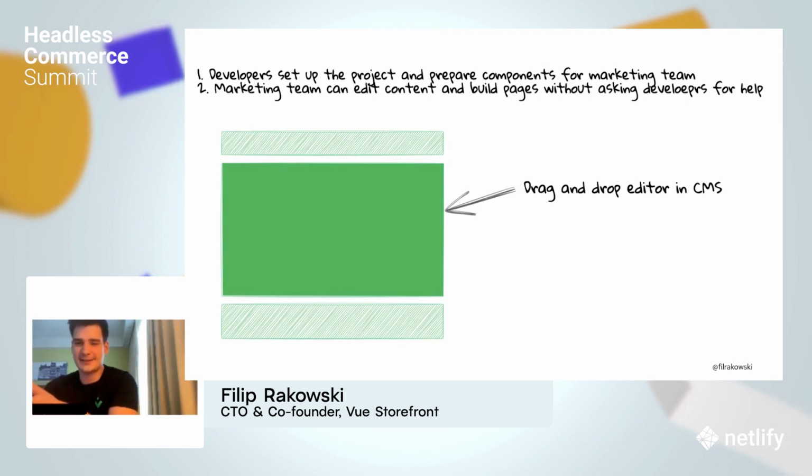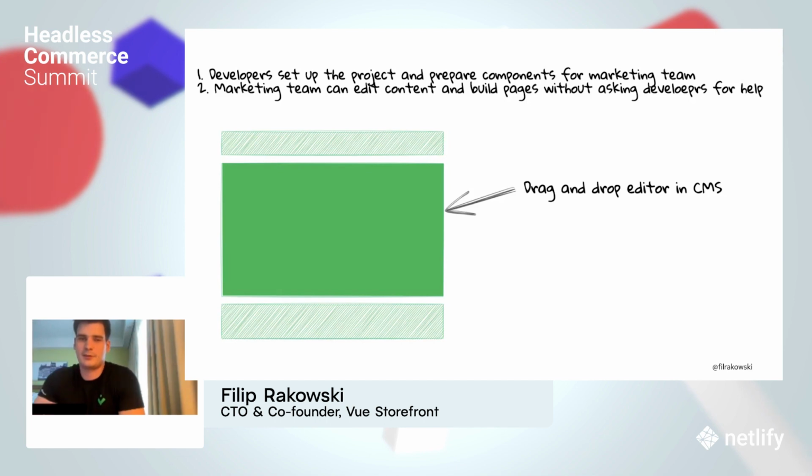So then the marketers can use those components in a visual editor and compose full pages, change the content, add new content. And all of this is based on the REST API or GraphQL API, so it doesn't require any kind of new deployment. Basically, whenever you hit the save button, the update is ready. And the users already see this.